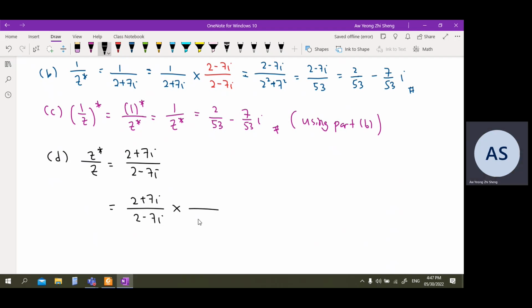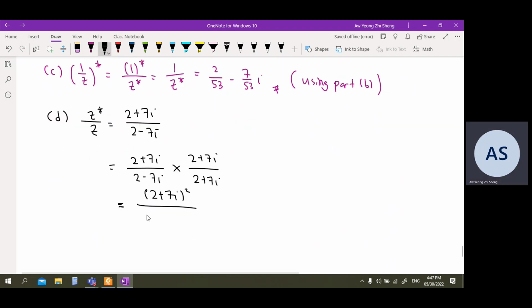We have to multiply by the conjugate of the bottom. So that now at the top I have 2 plus 7i multiplied by itself, which is 2 plus 7i whole thing power 2. And at the bottom I have the conjugate pair multiplied together. The bottom I know is 2 squared plus 7 squared.